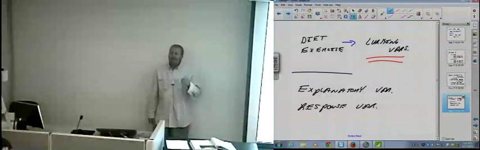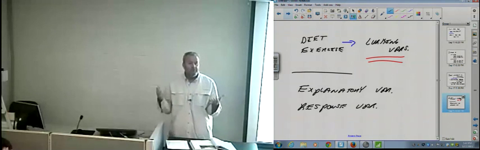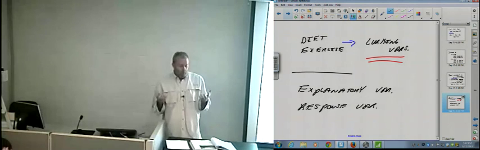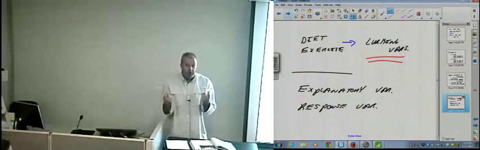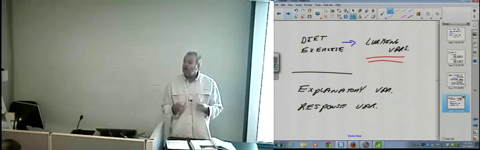See, here's the thing. Sometimes the variables play different roles. When the two variables we're looking at play different roles, we're going to name them. We're going to name one the explanatory, and we're going to name the other a response.